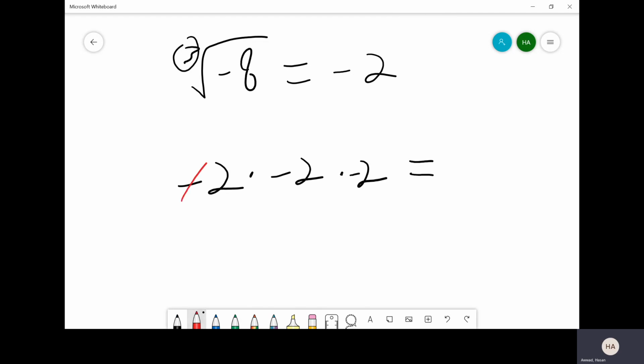What happens? Two of the negatives cancel out, but we still have 1 left over, right? So we know that we're going to get a negative number, and then it's just 2 times 2 times 2, which we know is 8. So again, you can see that this works out, and a negative answer, or an answer in general, is defined for taking the odd root of a negative number.